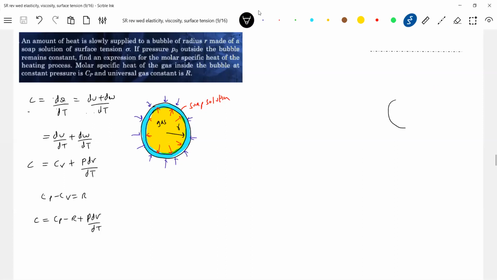You see, the bubble will be here, having a radius r1. By the time it reaches the surface, will its radius decrease or increase? This is the air. This is the water. What will happen? Will the radius increase or decrease as the air bubble rises up?